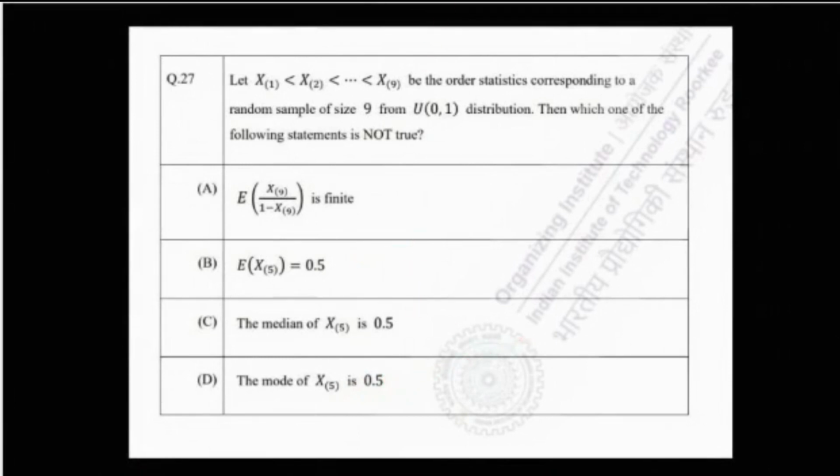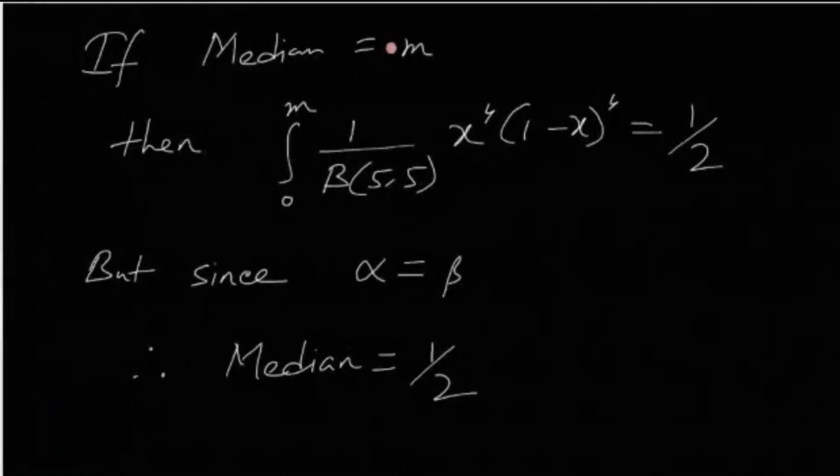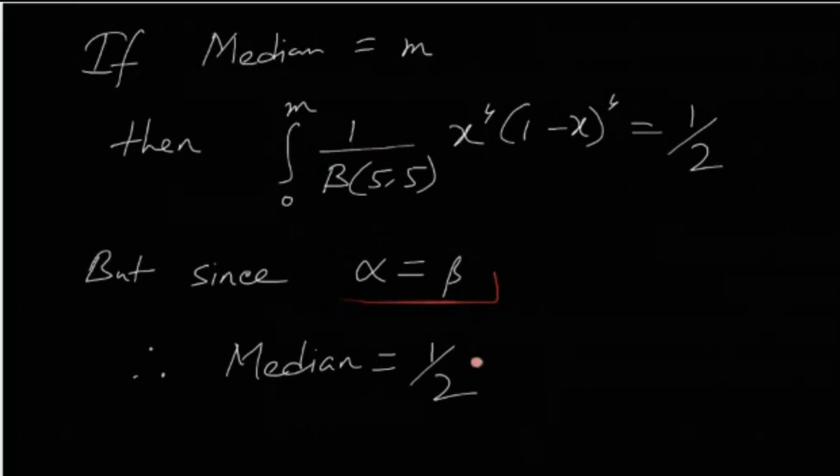Let us find the median of the distribution. If m is the median, then the integral from 0 to m is half, and we have to find the real number m such that this integral equals half. But since alpha equals beta, the median is half, because the parameters are the same. We know from theory that if the parameters are the same, the median becomes half.